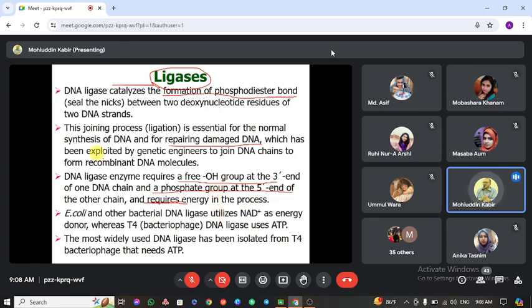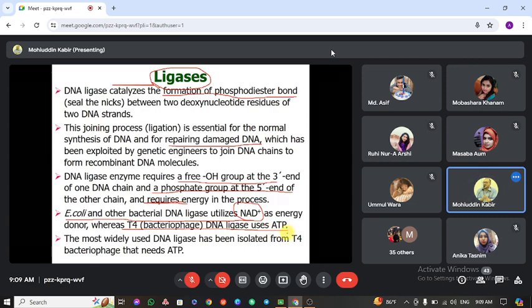Now, there are different types of ligases. E. coli and other bacterial DNA ligase utilizes NAD as energy, whereas T4 DNA ligase uses ATP.